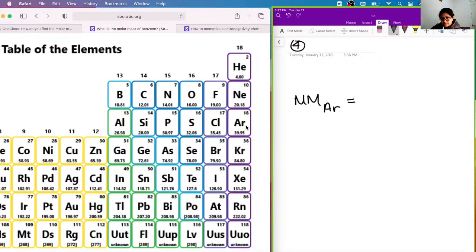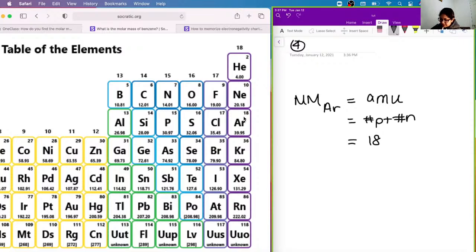However, you can find the molar mass or the atomic mass, which are the same thing. So we can say this is equal to your atomic mass. And we know that atomic mass is found by calculating the number of protons plus the number of neutrons. In this case, your number of protons is your atomic number, which is 18.